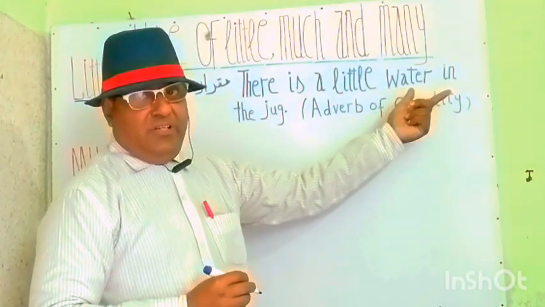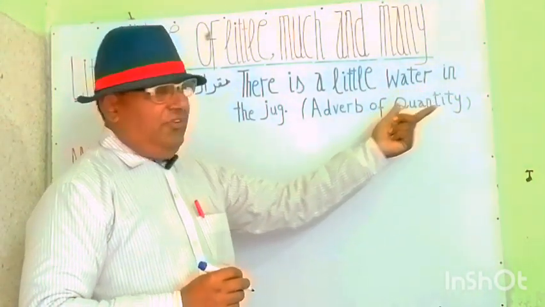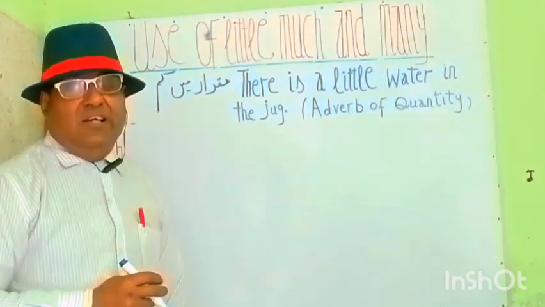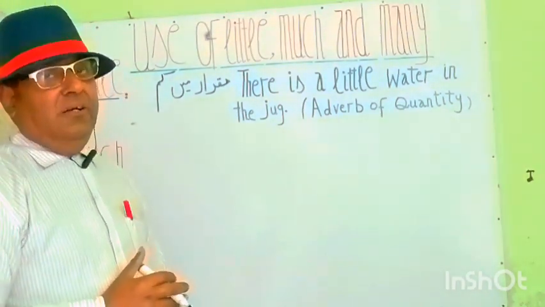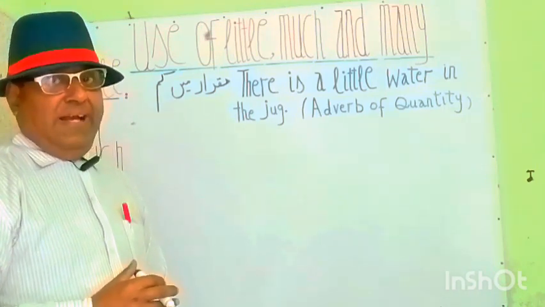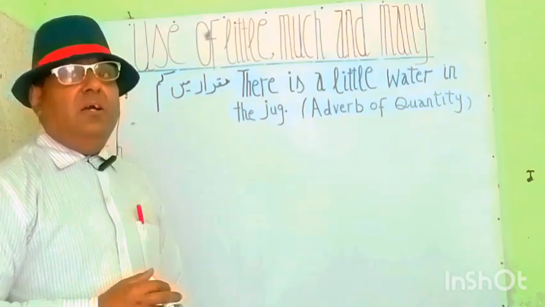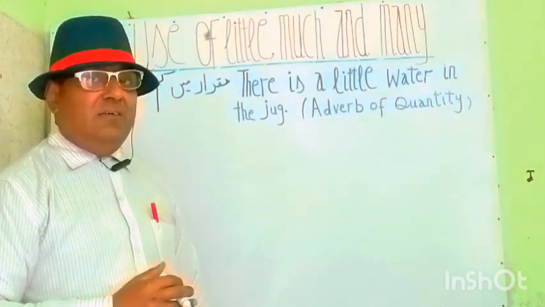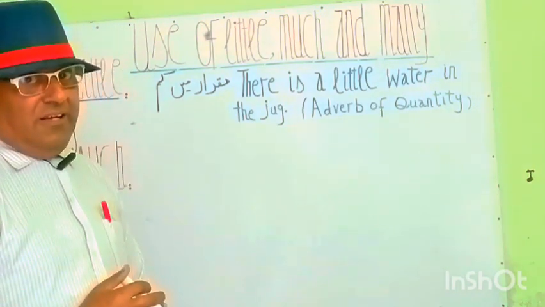In is a preposition and the jug is an object. There is a little water in the jug. जग में थोड़ा सा पानी है. So in this sentence little is used as an adjective of quantity. So ये मिकदार को ज़ाहिर करता है, यानी किसी चीज़ की मिकदार को little जो ज़ाहिर करता है.